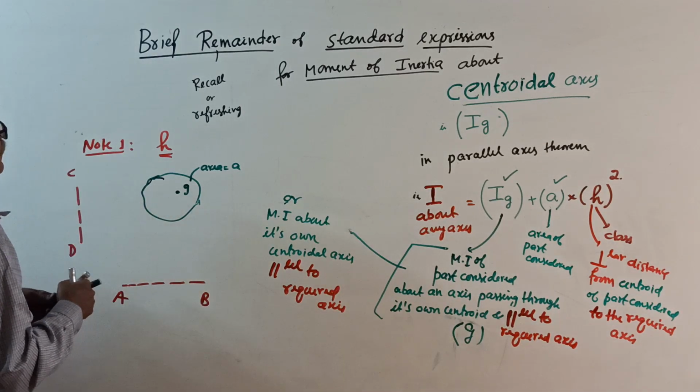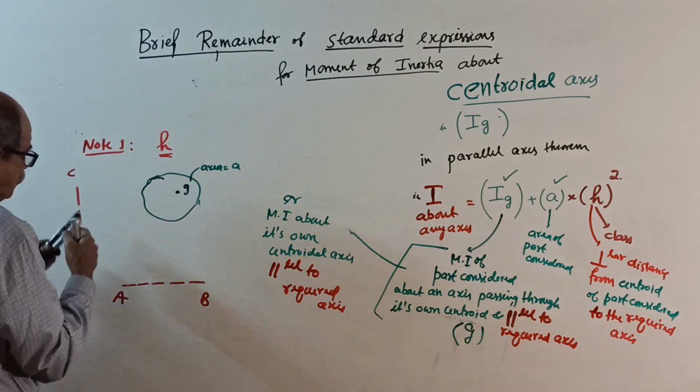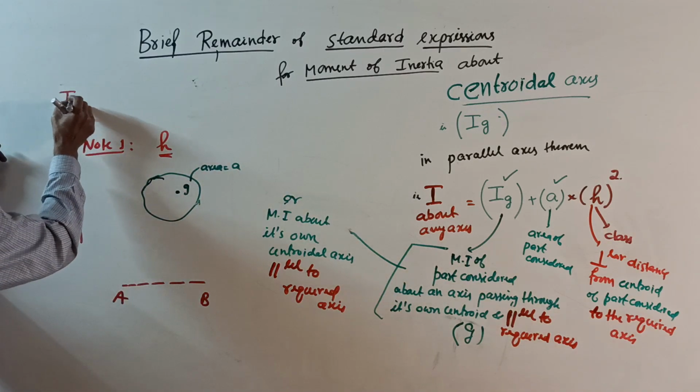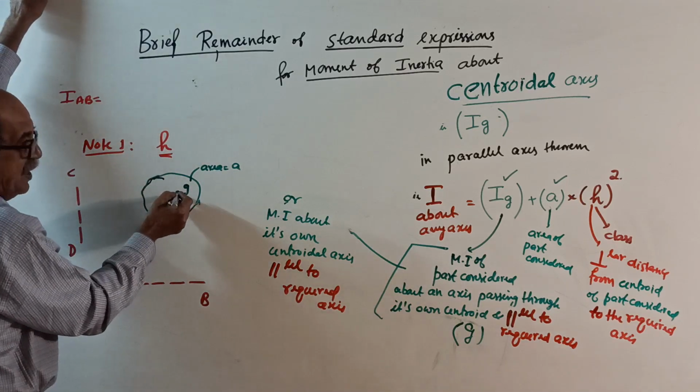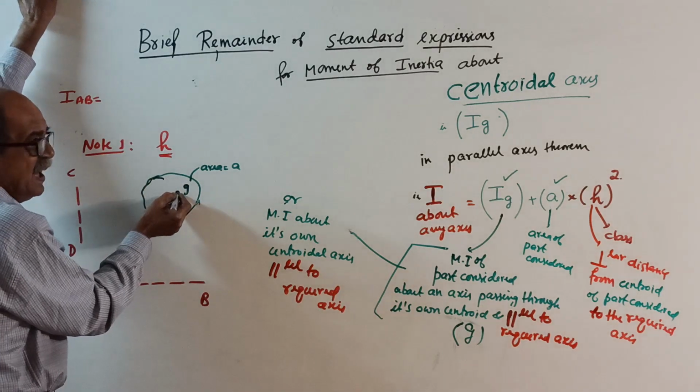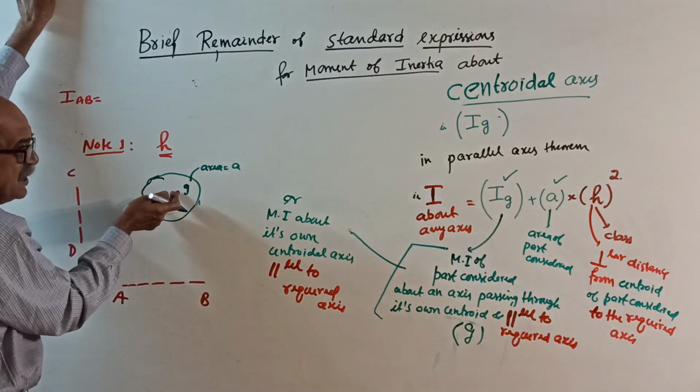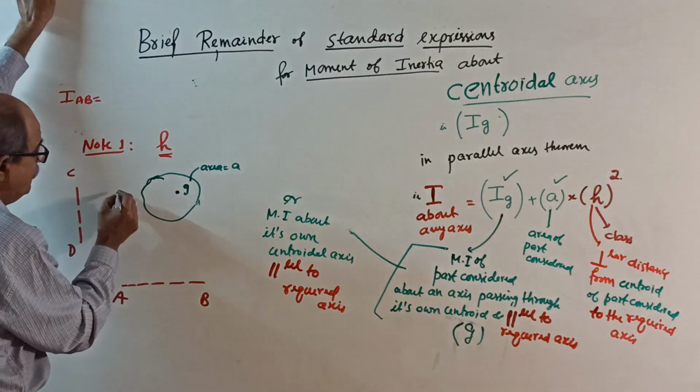Now, if you want I about AB, what to do? First, come to the centroid. Imagine an axis passing through the centroid but parallel to AB.